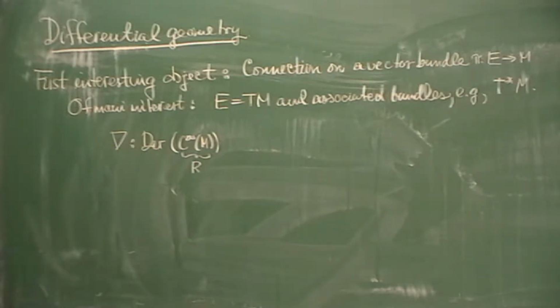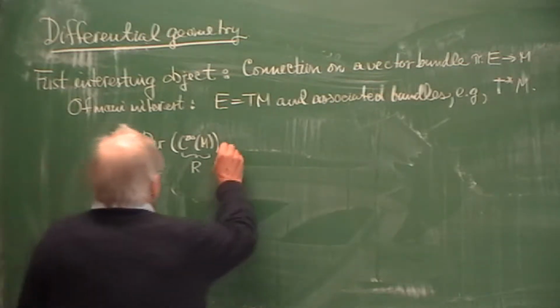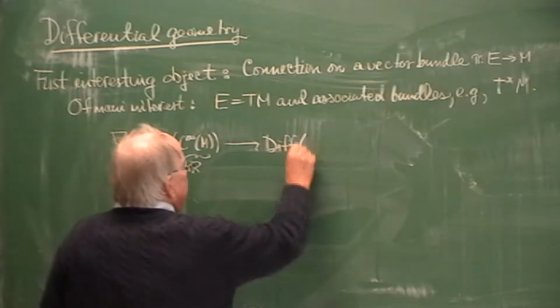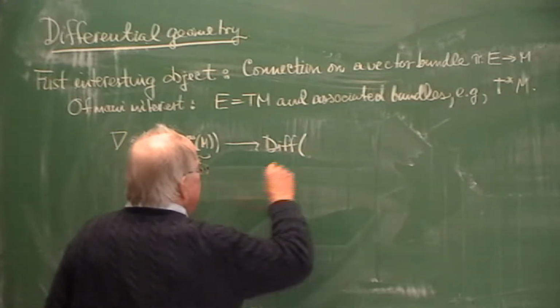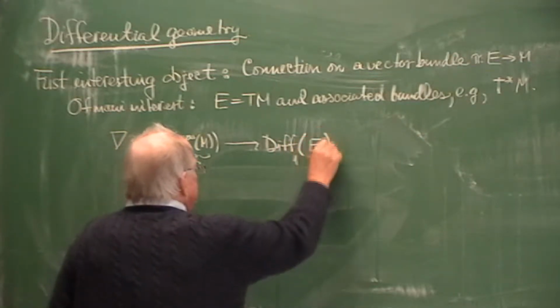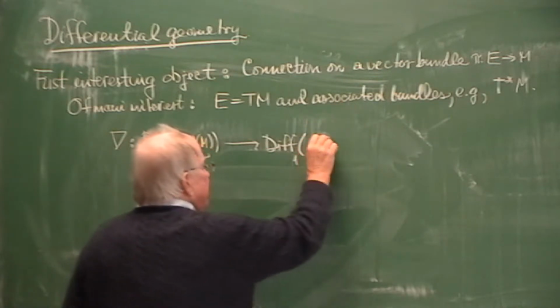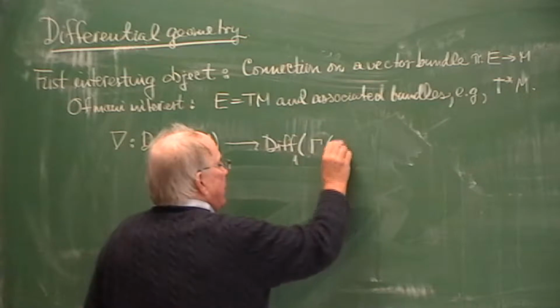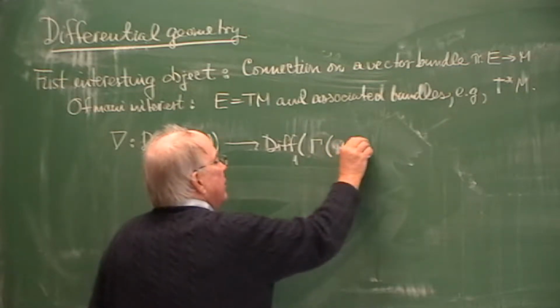Prof and some other people have been interested in algebraic geometry, so this is really a sheaf. But just a global ring of C infinity functions. And you get a first order differential operator on the bundle. Well, on sections of the bundle. And you write it all out.